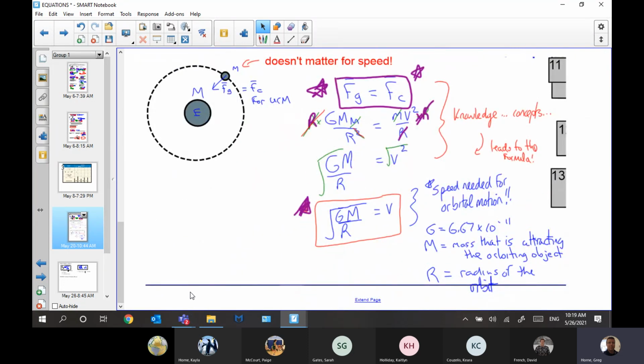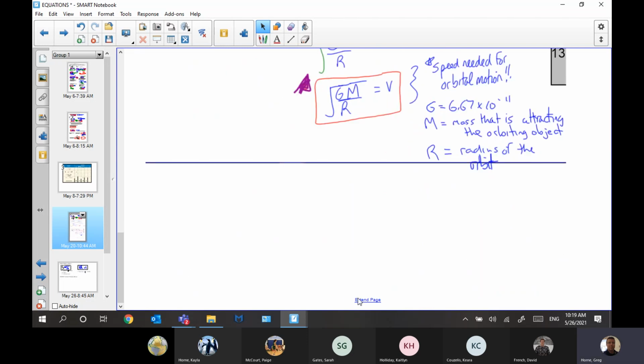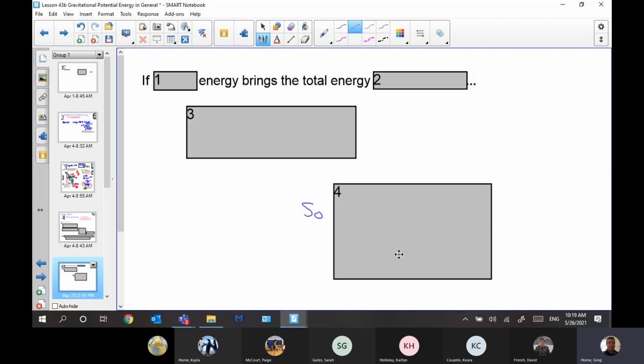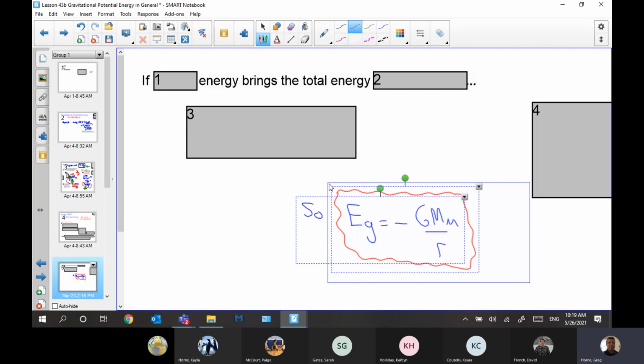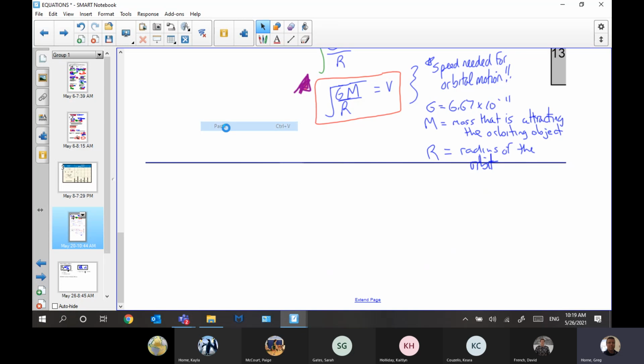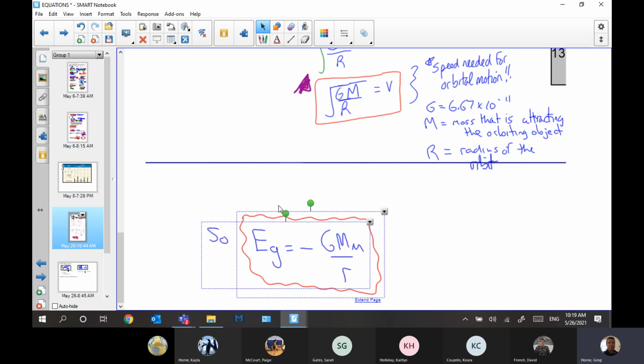I guess it would make sense to do it here. We're going to say EG equals negative right here. And paste. So this is gravitational potential energy in general.